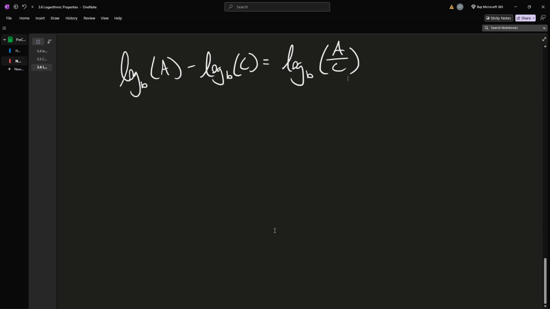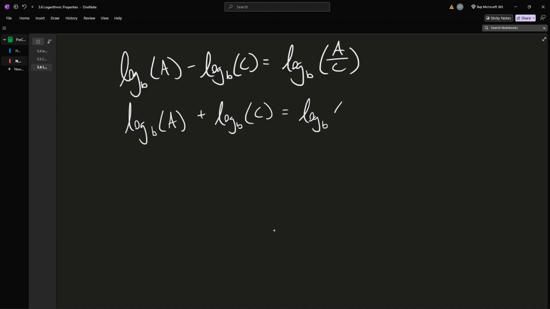And now this combines our 3. So we have this difference rule. I'll write them all over here. And log base b of a to the r equals r log base b of a.